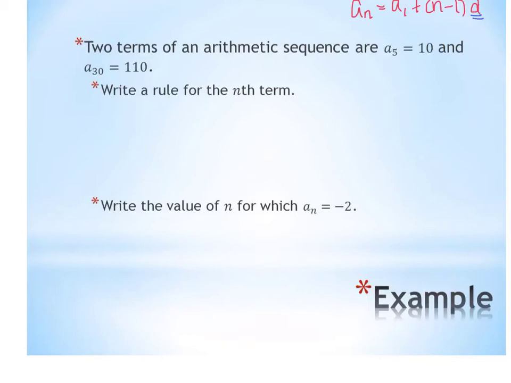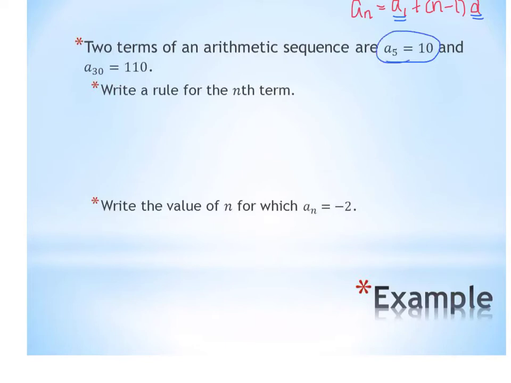So, do we know what d is? No. Do we know what a sub 1 is? No. If you have two unknowns, to solve that, you must have two equations. So, our two equations are our two terms that we know.